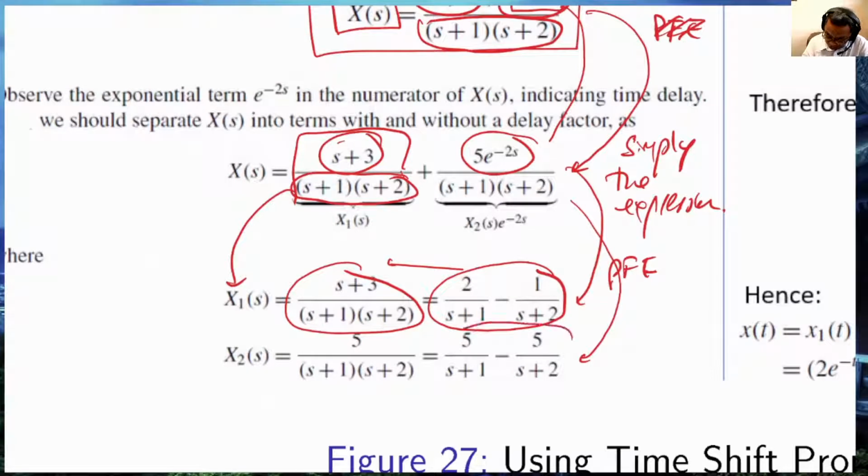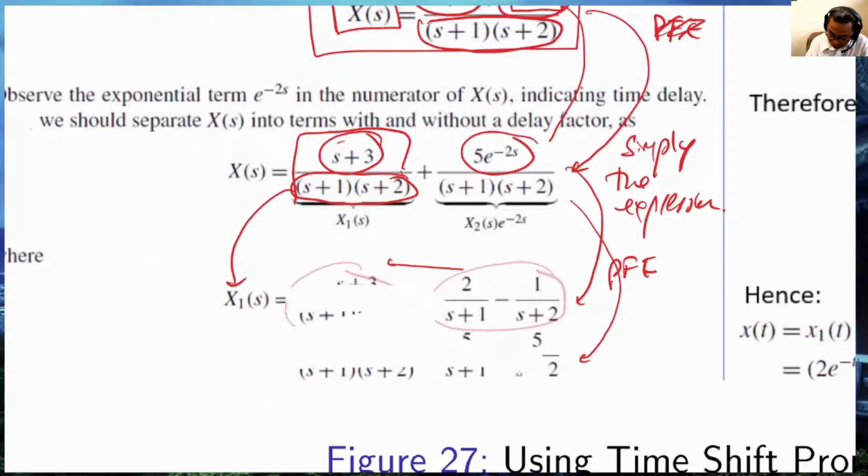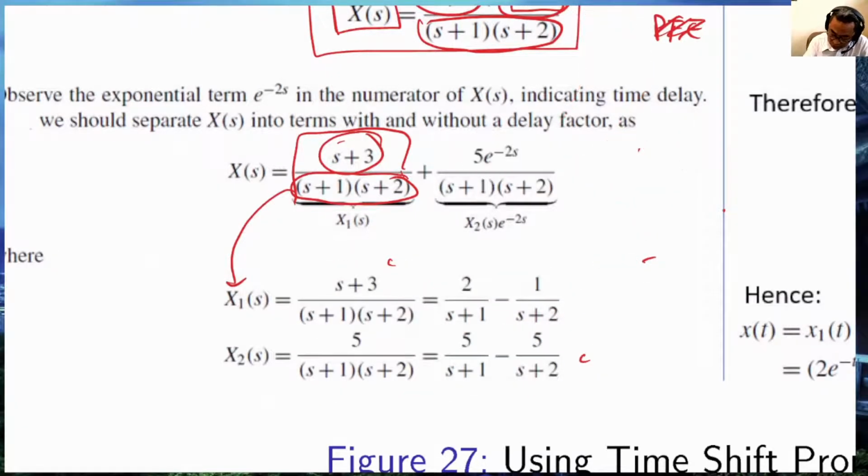However, notice that the expression on the left is 5e to the minus 2s, but here we're only dealing with 5, because later on you'll realize that we are interested to exploit the e to the minus 2s term.